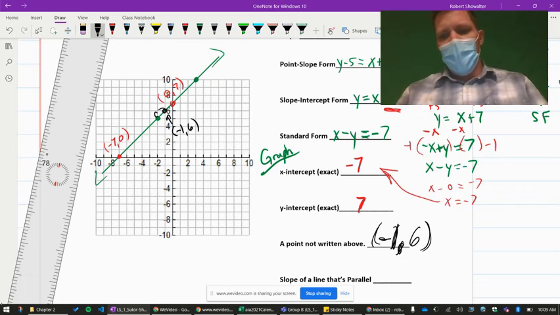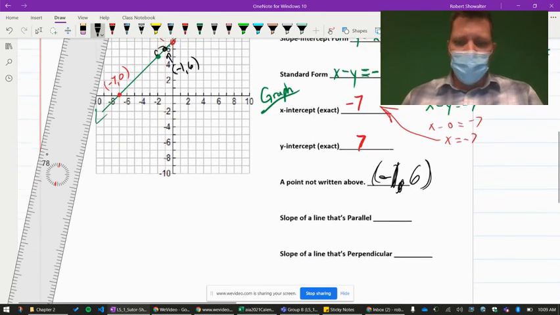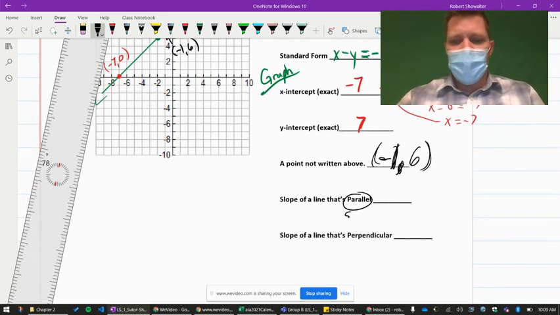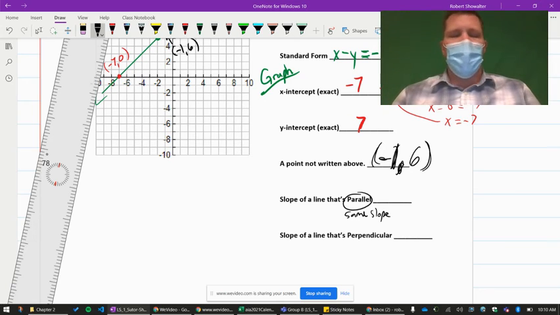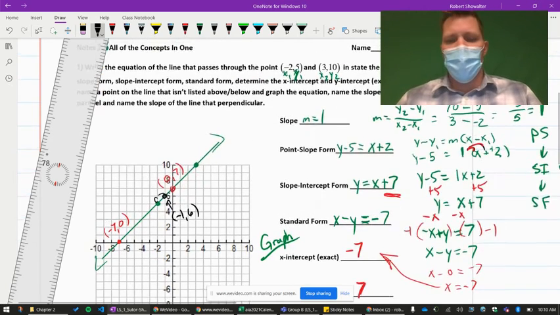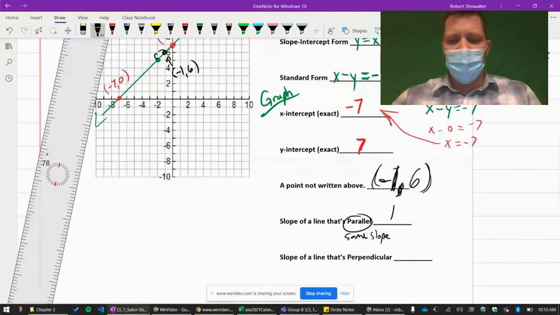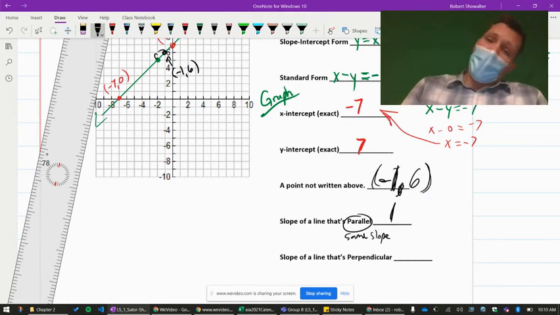Great. Okay, slope of a line that is parallel. If you recall, lines that are parallel have slopes that are the same. So if our original slope was 1, our parallel slope is also 1.